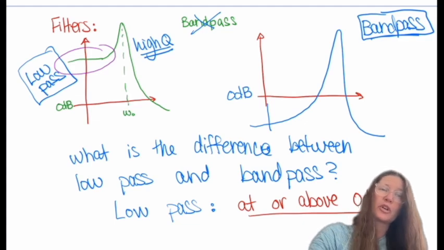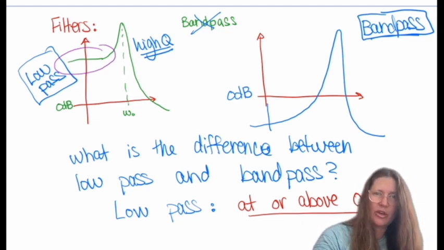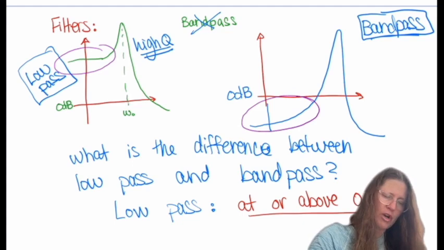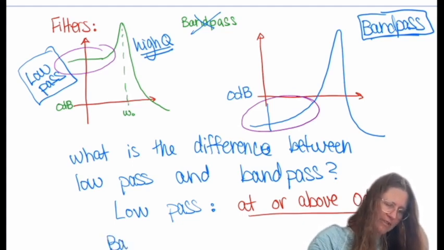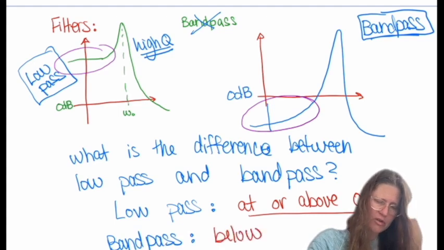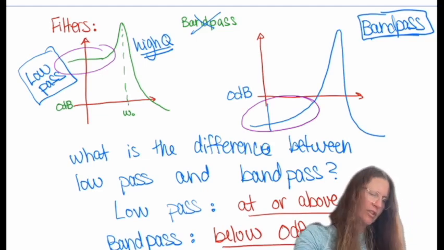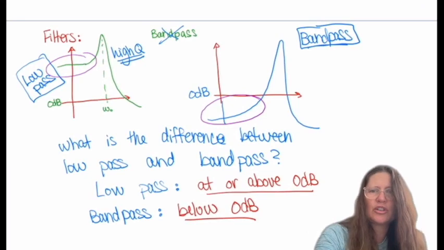The value before it actually peaks is what is going to determine whether it's a low pass or a band pass. For a band pass, it will be below 0 dB. So that seemed to be a little bit of a confusion about filters that I wanted to clarify.